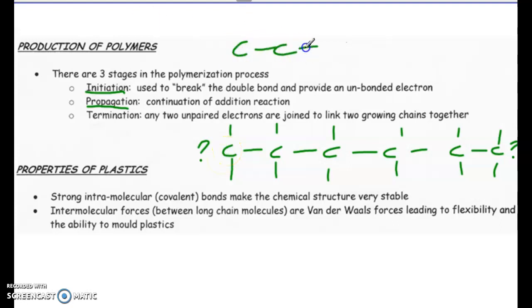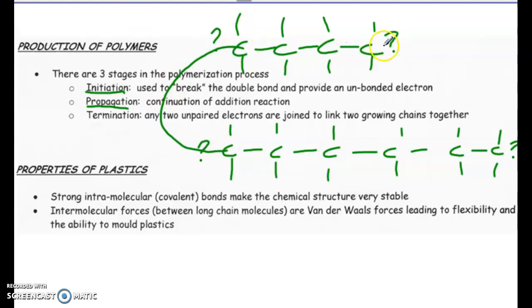So let's say we had 2 of those, or make this one smaller. So this one needs a bond and this one needs a bond. Well, this chain can link up with this chain. Perhaps this chain can link up with another chain. You'll always have the chains essentially being linked up to one another. So it will end up working out that all the carbons will have their bonds. So you end up with this huge grouping of monomer chains, right? Which is essentially the whole point of making a polymer.